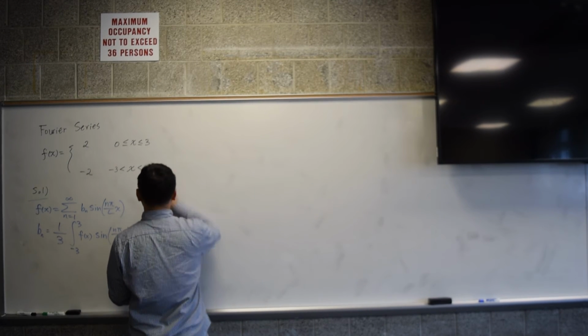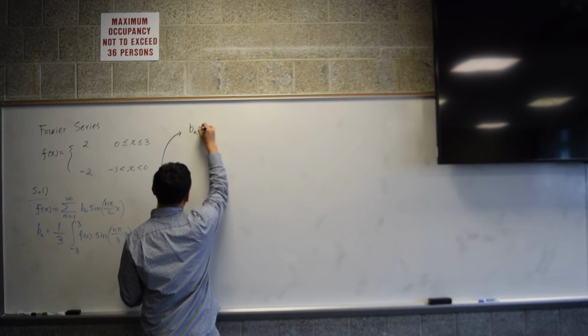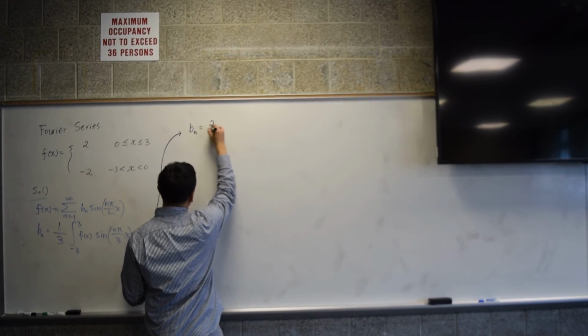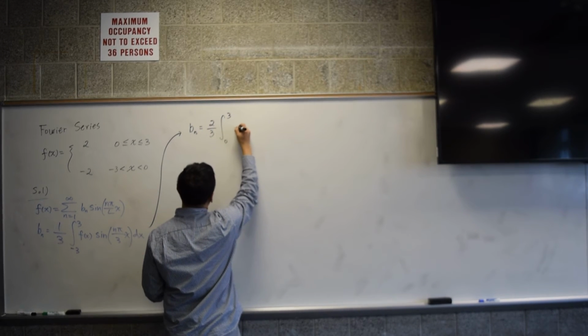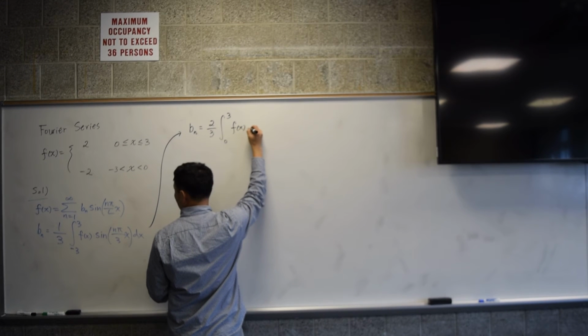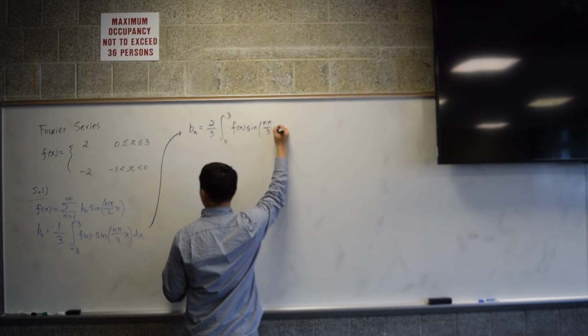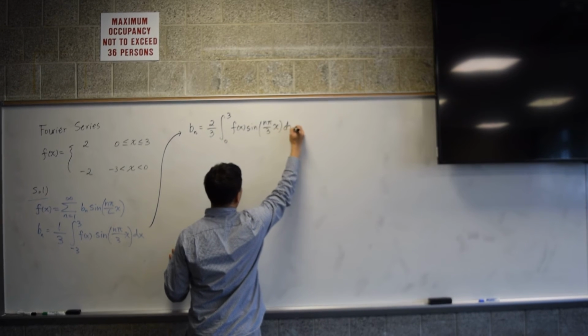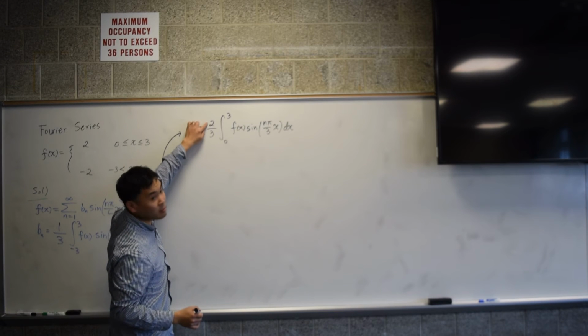Okay, so let's use that nice property. This is what we have. Bn is now 2 over 3, integral from 0 to 3, f of x sine n pi over 3 x dx. Where did this 2 come from?